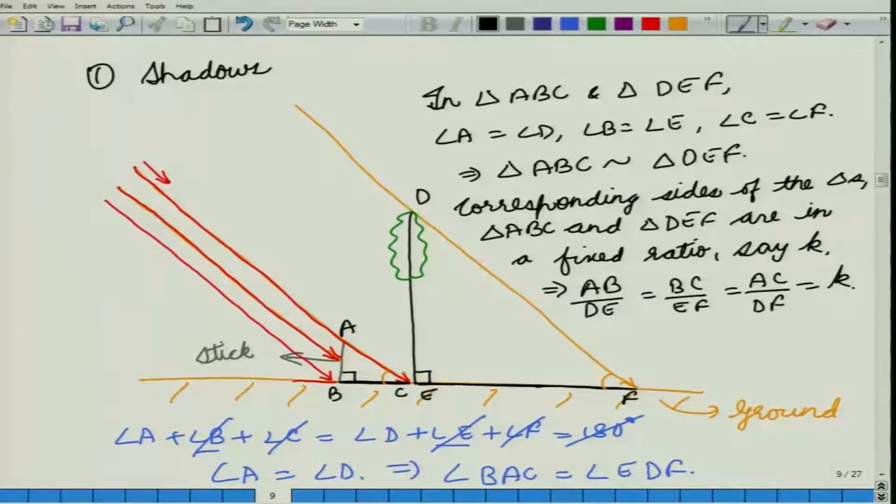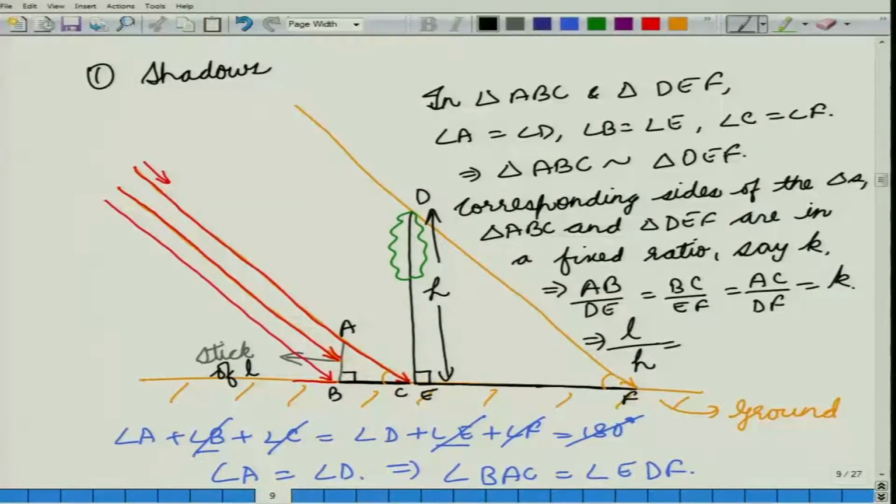Now, we are interested in knowing the height H of this tree. Because we have taken this stick, we can measure its length and suppose it is L. So, this equation would tell us that AB, which is equal to L, upon DE, which is equal to H, is equal to BC.